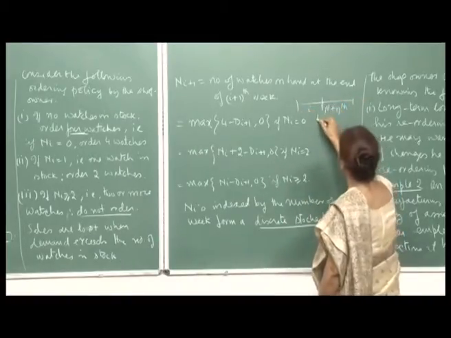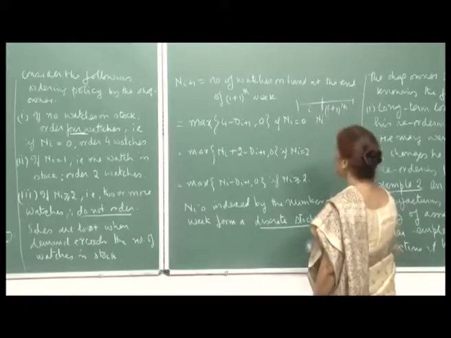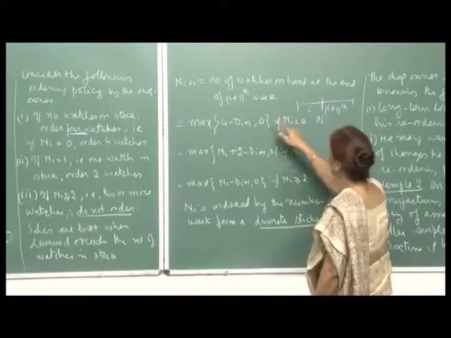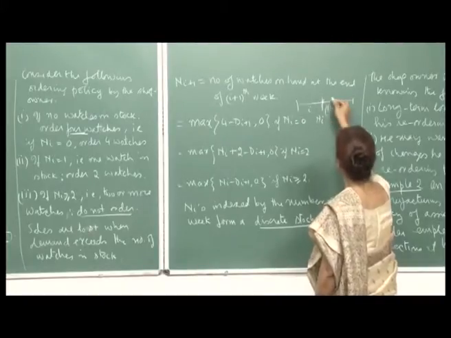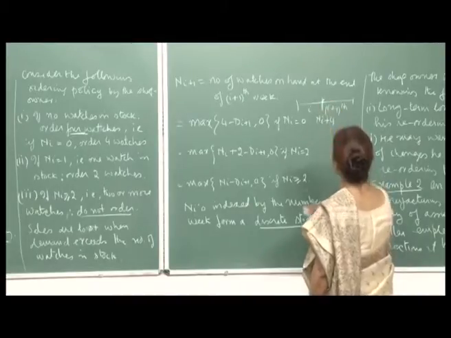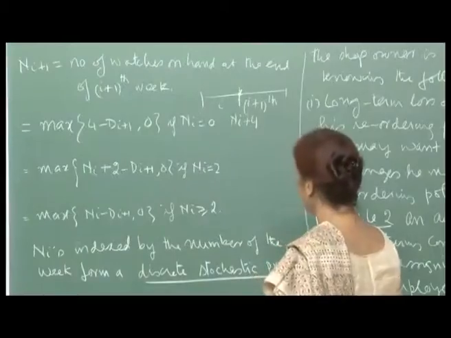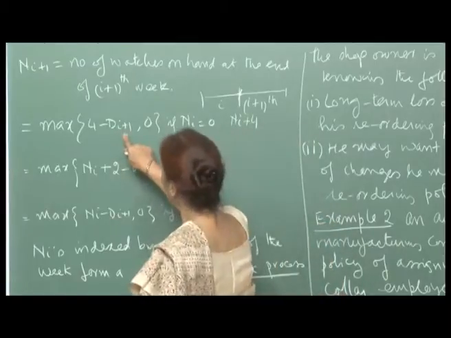At this point you had Ni watches. Now, if Ni is 0, then you ordered 4 and they were delivered by the time your (i+1)th week started. So, at the beginning you will have Ni plus 4 watches, and then there is demand Di plus 1.